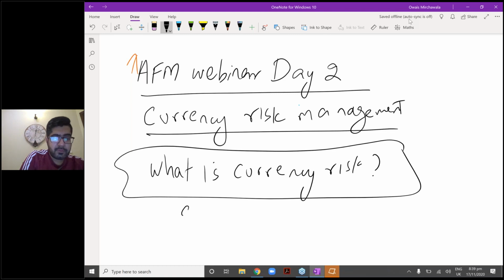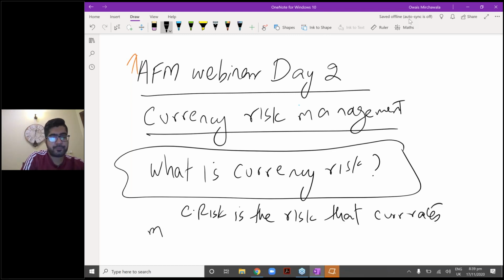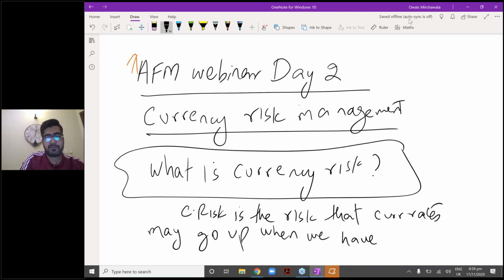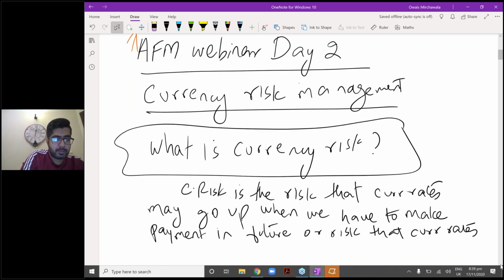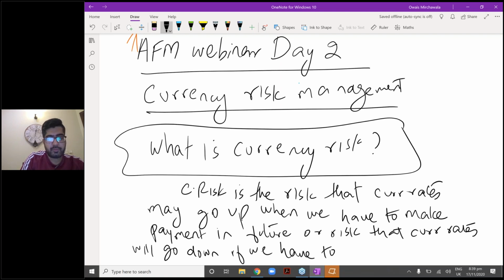So we basically define currency risk as the risk that currency rates may go up when we have to make payment in future, or the risk that currency rates will go down if we have to receive payment in future.